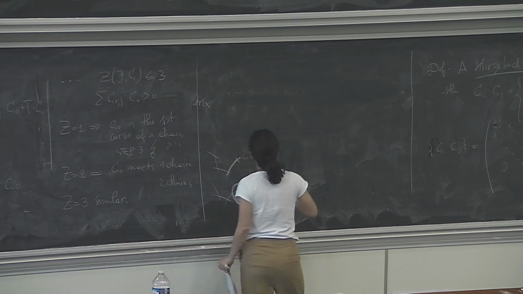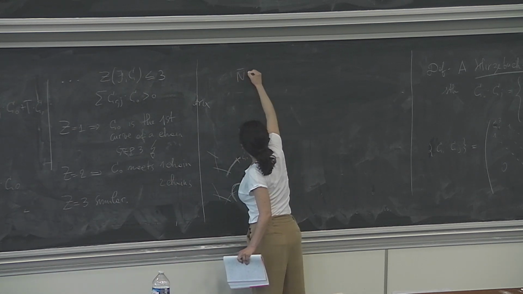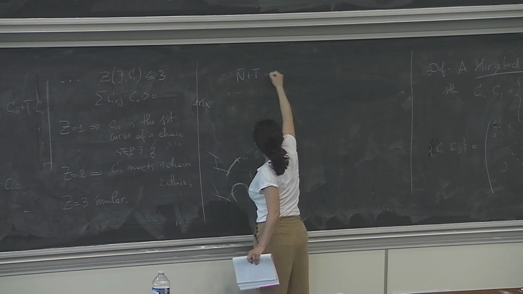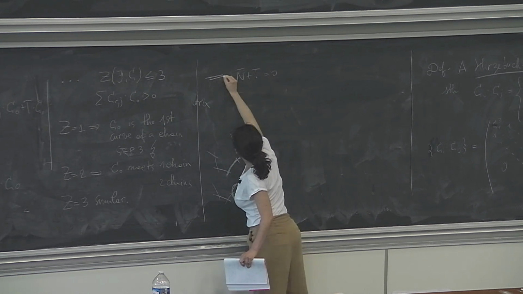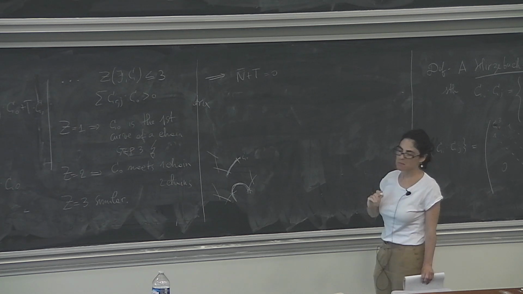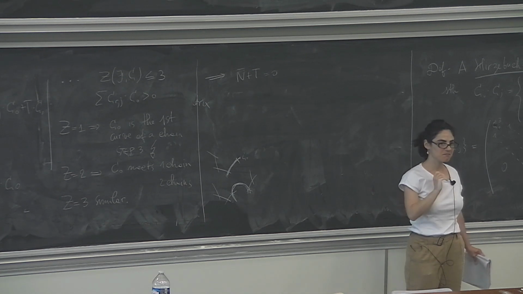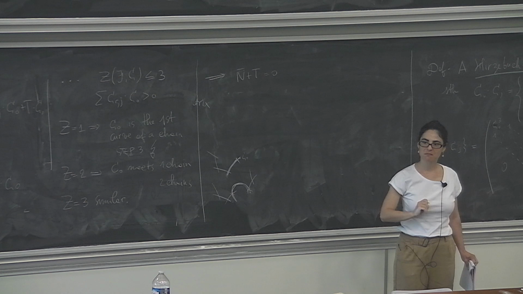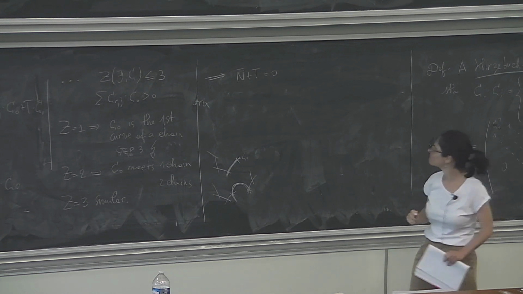Okay, so we proved that n bar plus t is 0. And the negative part is supported along these Hirzebruch-Jung chains.